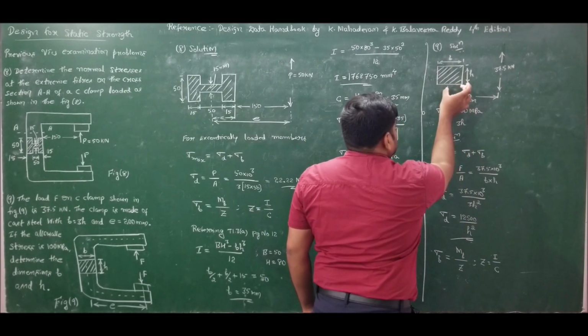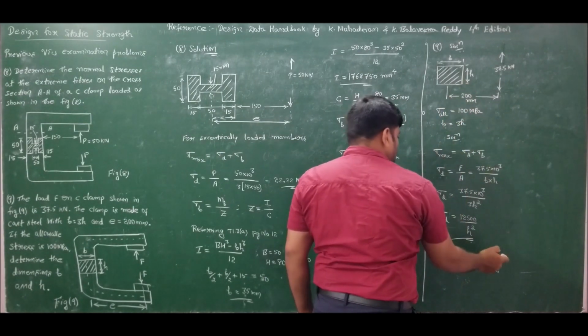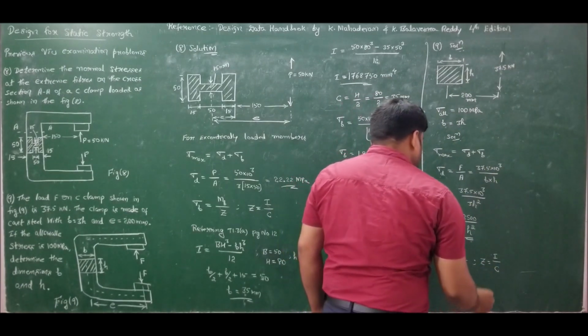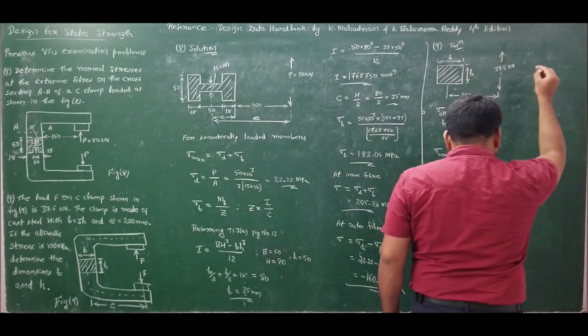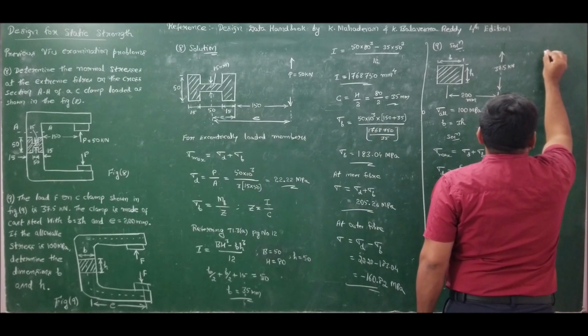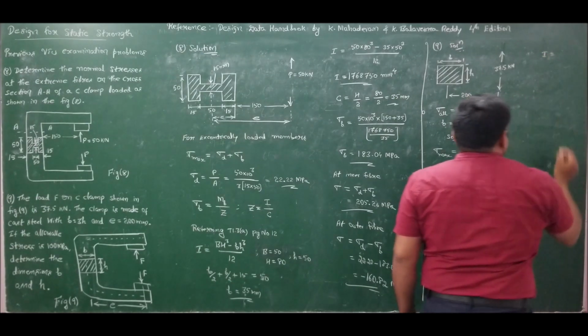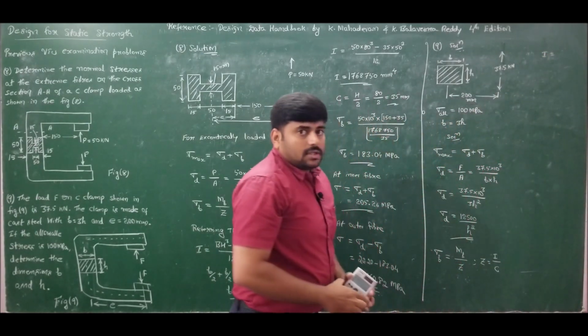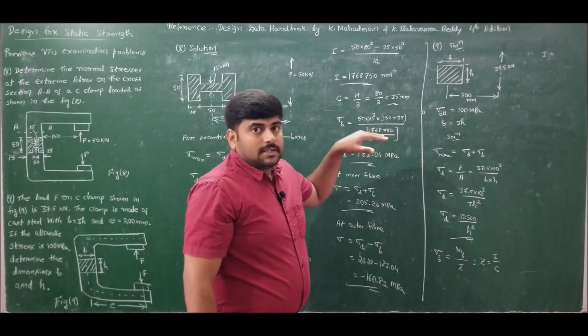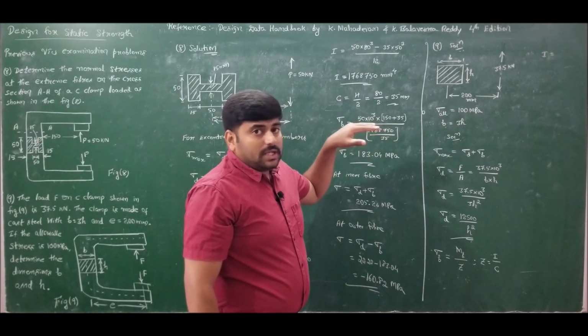So this distance of the outer fiber from centroidal axis is C, and I want I. Now for rectangular cross section, we know that I is given by BH cube by 12.